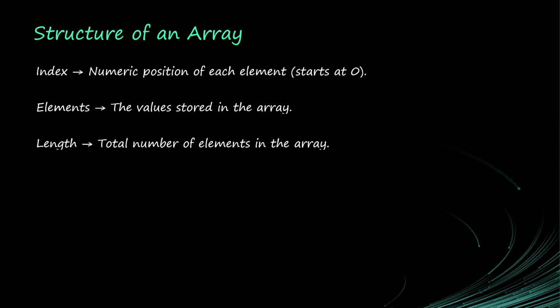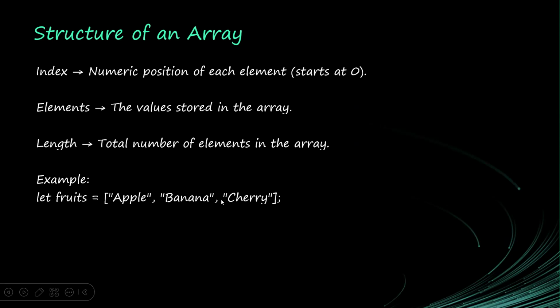You can also have a look at the elements, that's the values stored in the array. Every array has a length. So the example is this: we have apple, banana, cherry. The index of apple is 0. The index of banana is 1. The index of cherry is 2.